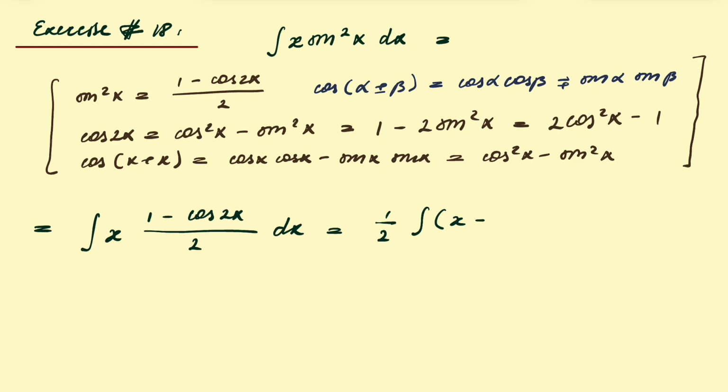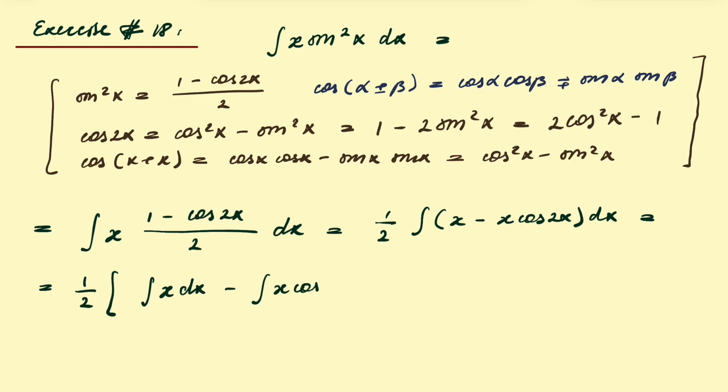It's x minus x times cosine of 2x dx. So we can split integrals now. We have 1 over 2 integral of x dx minus an integral of x times cosine of 2x dx.